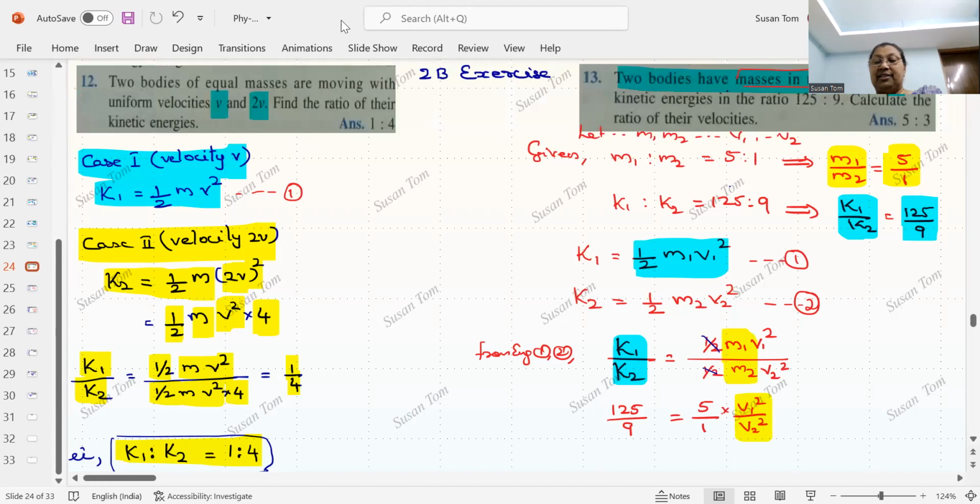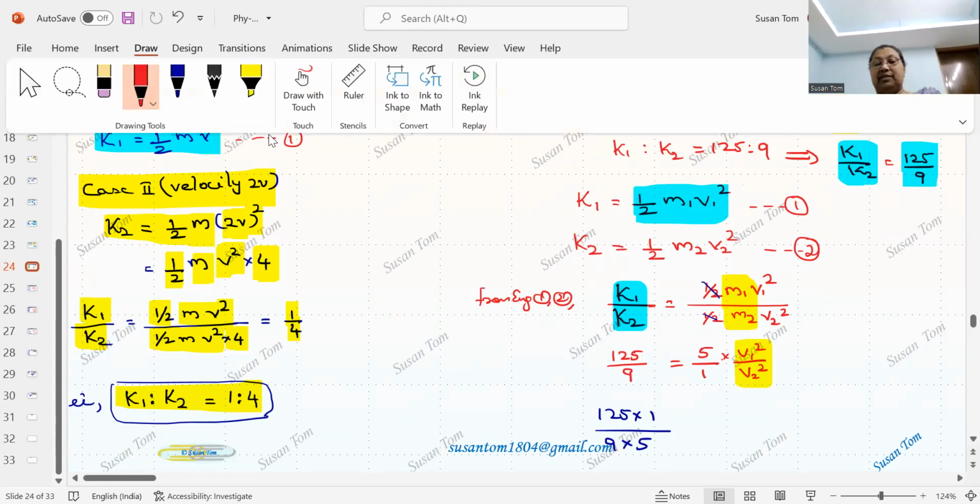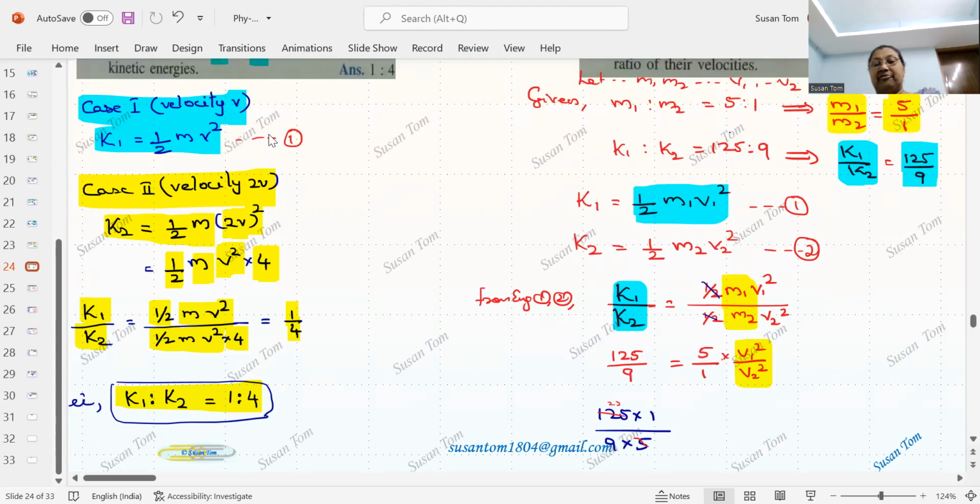On rewriting further, this will become 125 into 1 by 9 into 5. 5 and 125 you cut to get 25 on the numerator. You'll get 25 by 9. This is v1 square by v2 square.